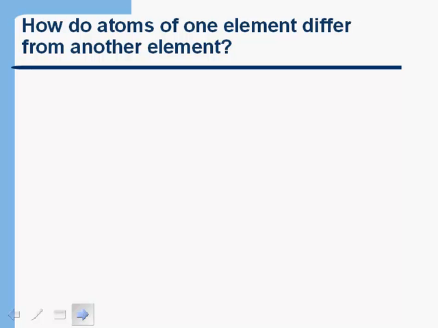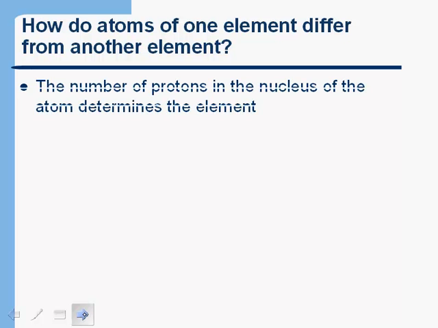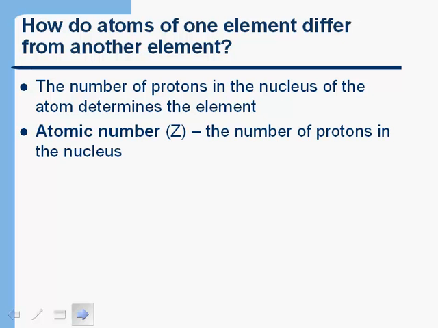So let's take a look at what differentiates one atom of an element from another. It turns out that it's the number of protons in the nucleus that determines the element. And we give the number of protons a special name. We call that the atomic number.